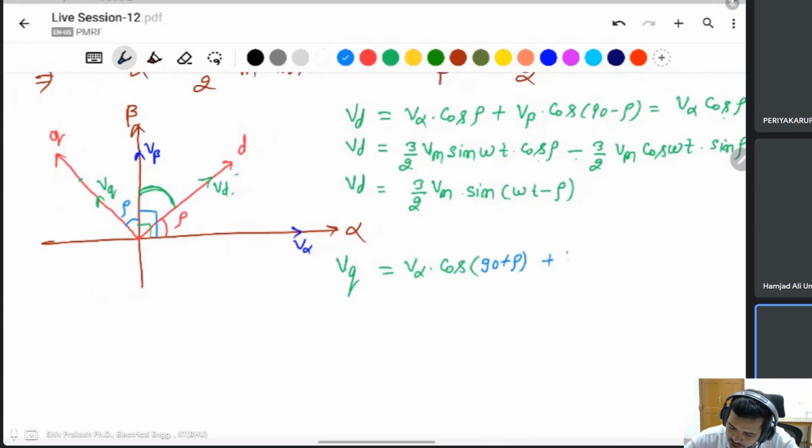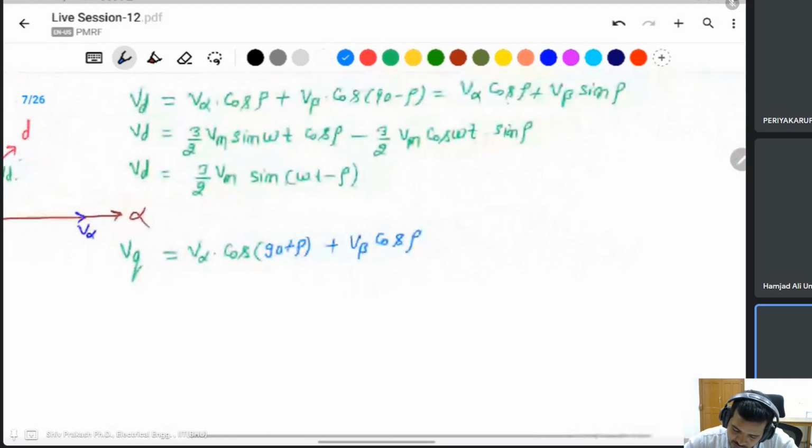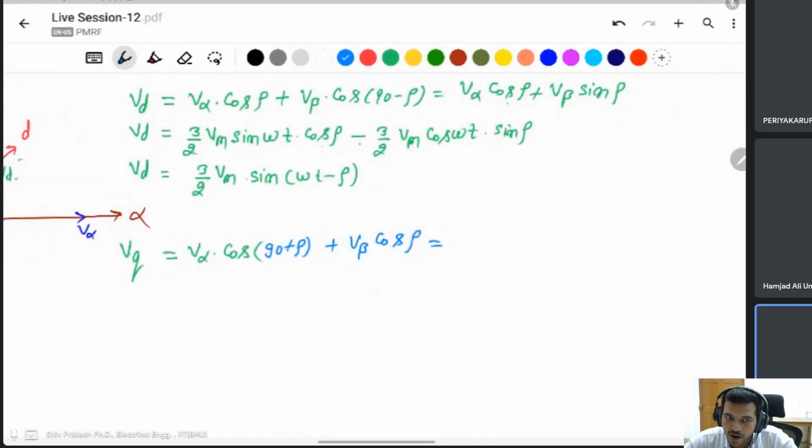Plus V beta, where the angle between them is only rho, so V beta cos rho. Cos of 90 plus theta is minus sin theta, so minus V alpha sin rho plus V beta cos rho.